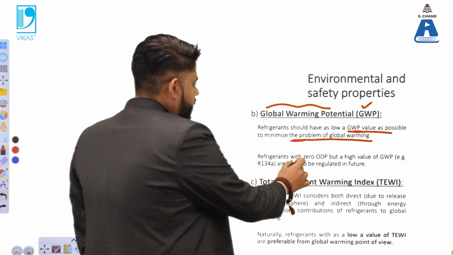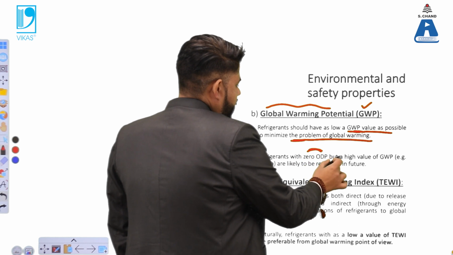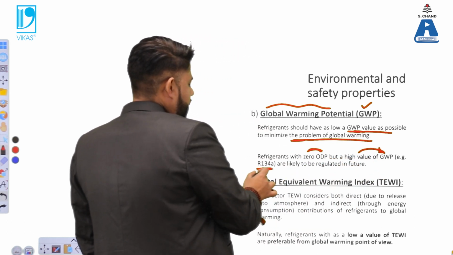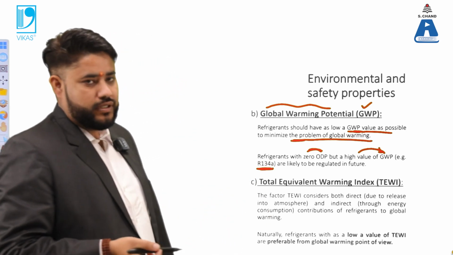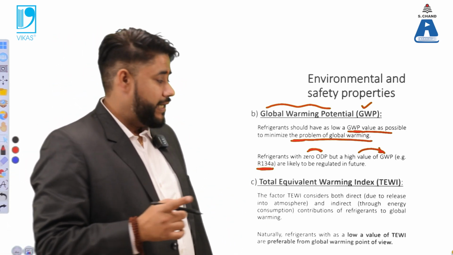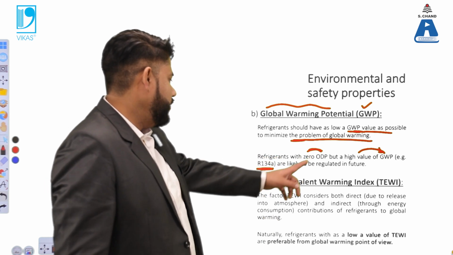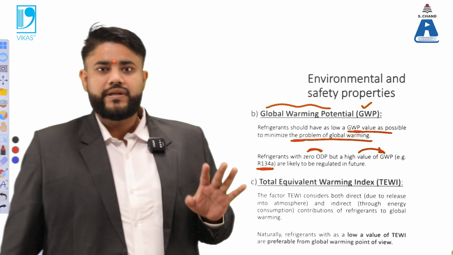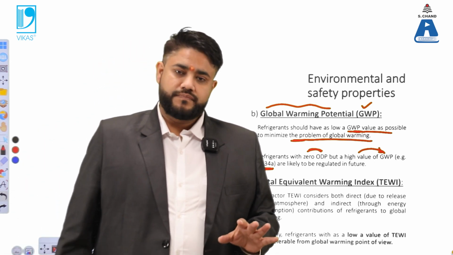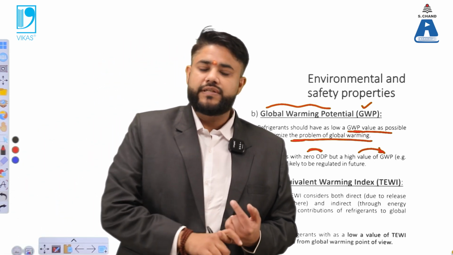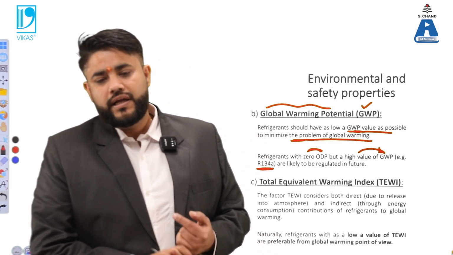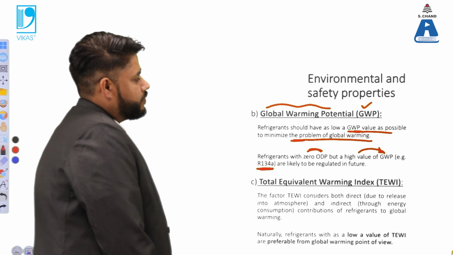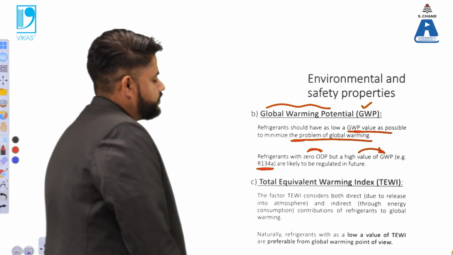A refrigerant with zero ozone depletion potential but a high global warming potential, let's say R134a, is directed to be regulated in the future. So this refrigerant, R134a, is to be regulated in the future, and we are looking at aspects in which it can be replaced.